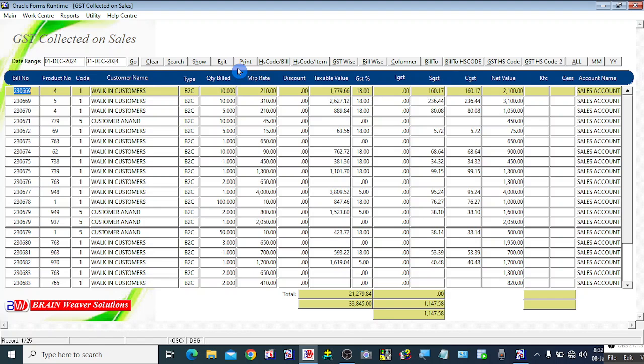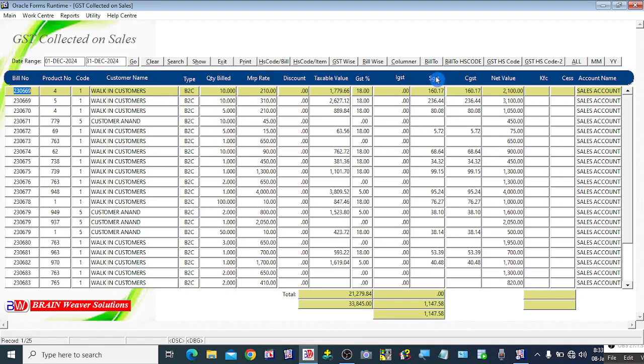Otherwise, HS code wise, or you can also generate month wise as well as year wise summary of the GST information. Whichever format is suitable for your business, you can generate it.